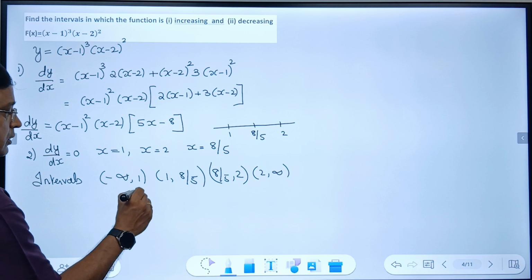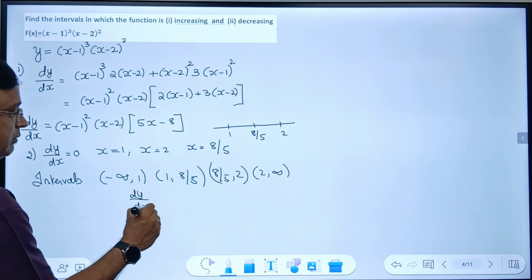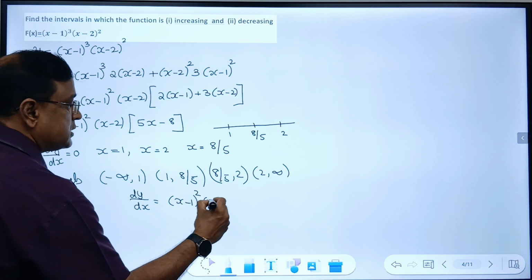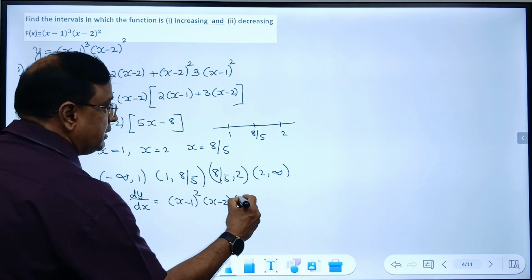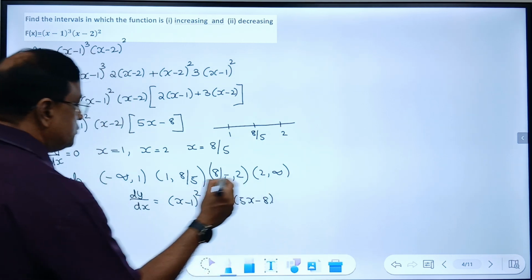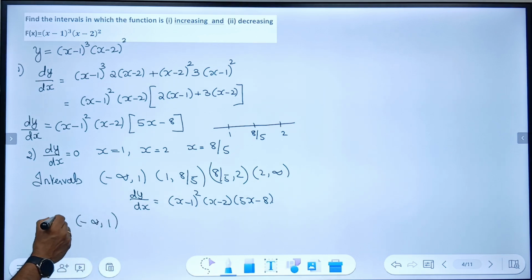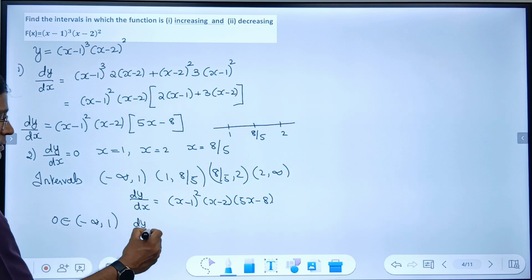So let me take dy by dx. My dy by dx will be (x minus 1) the whole square, (x minus 2) into (5x minus 8). This is where I'm going to substitute. Now choose the interval minus infinity comma 1 and a number inside that. I'm choosing 0. So what is dy by dx?